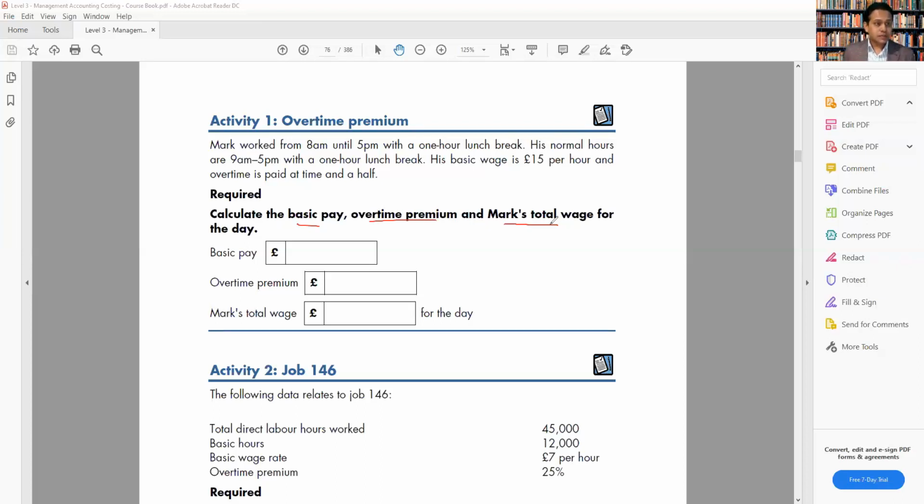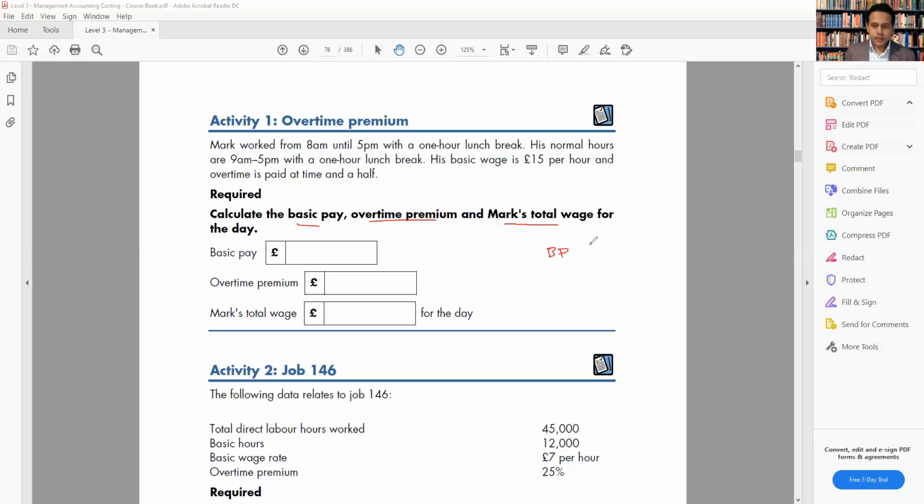Yes, looks good. Paul looks good. Sharon, you say basic pay is 105. I don't know how you got it. So let's have a look at the basic pay. How many hours is the basic pay?